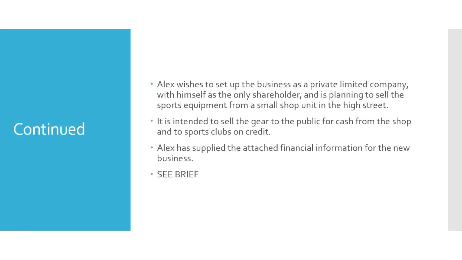Alex wishes to set up the business as a PLC, with himself as the only shareholder, and is planning to sell the sports equipment from a small shop unit in the high street. It is intended to sell the gear to the public for cash in shops and to the sports club on credit. Alex has supplied the attached financial information for the new business.